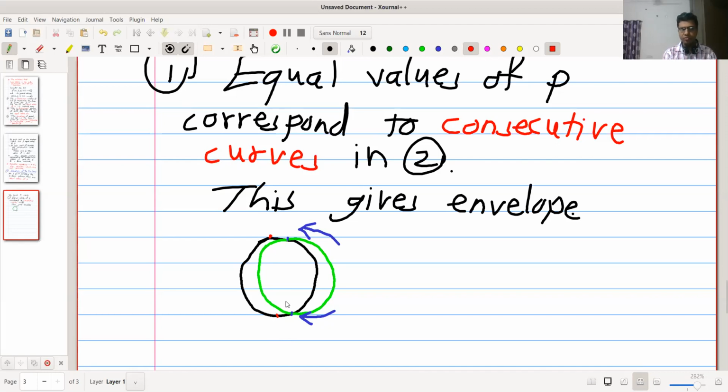This is first case. Second case, we can consider limit in another direction. Here we consider limit in left direction.